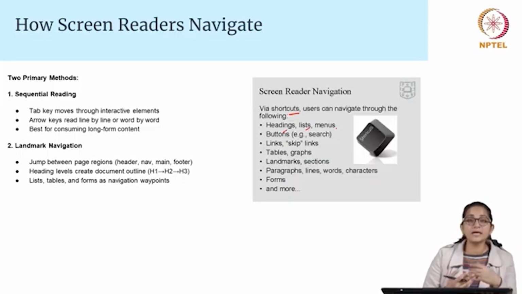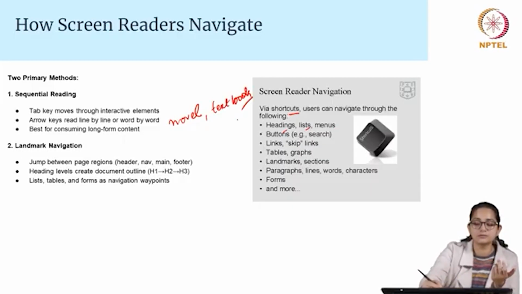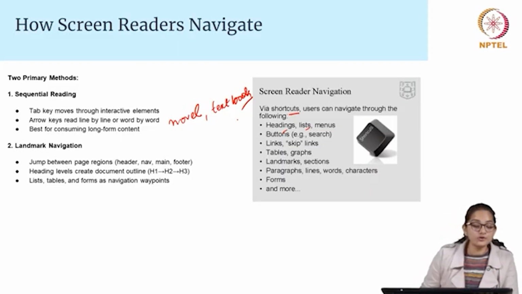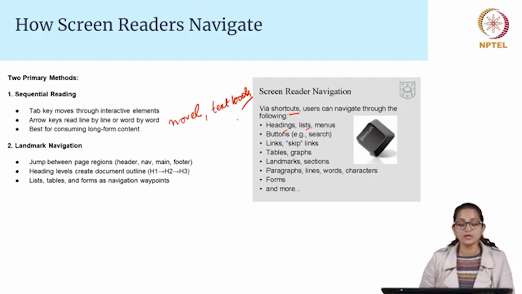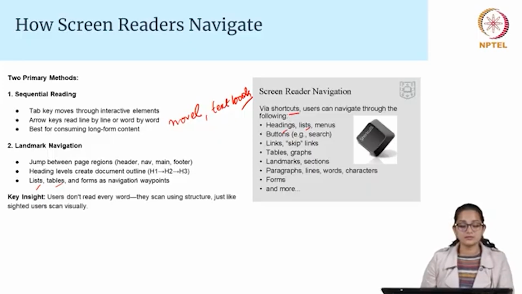Long form content can be like a novel or a textbook where you want to read longer chunks of text. But there may be kinds of interactions where you would like to jump between tables, and then there are more elements which have a different layout, say lists, tables, forms, etc.